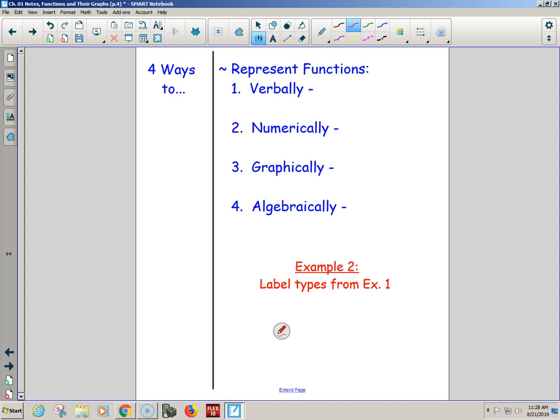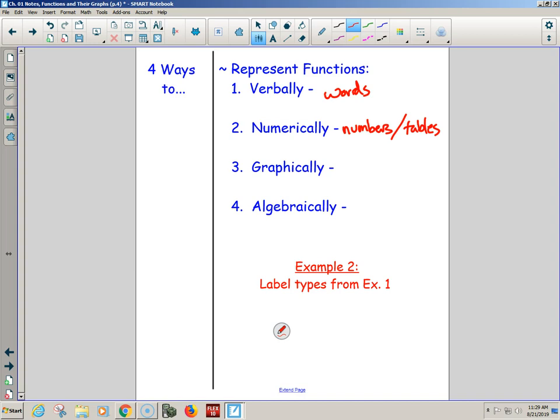So you guys could go ahead and fill in what's missing. Verbally, how's the information given to you? Words. Numerically, some sort of numeric data, usually in tables, that's how it's organized. But if you open a statistics book, you might just see a list of numbers.